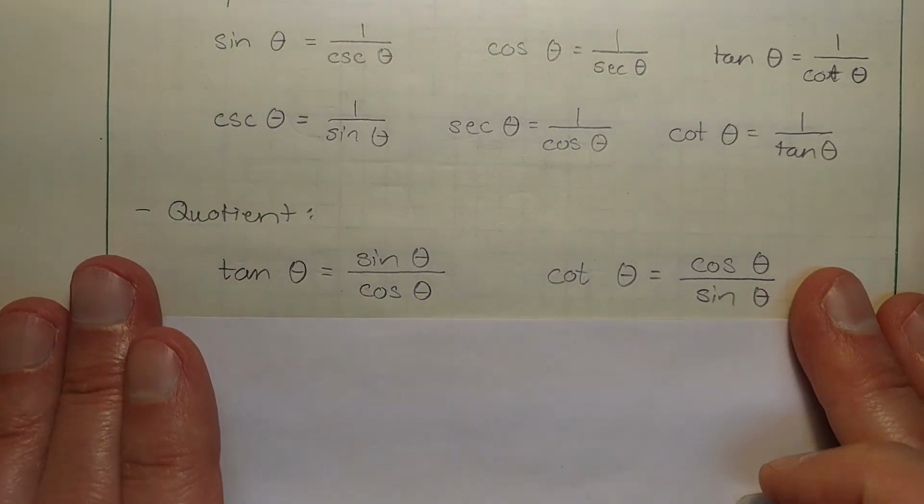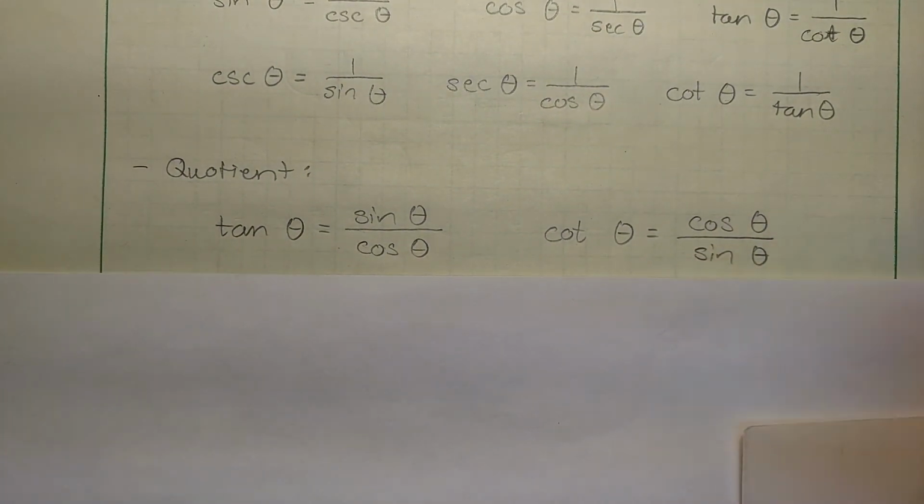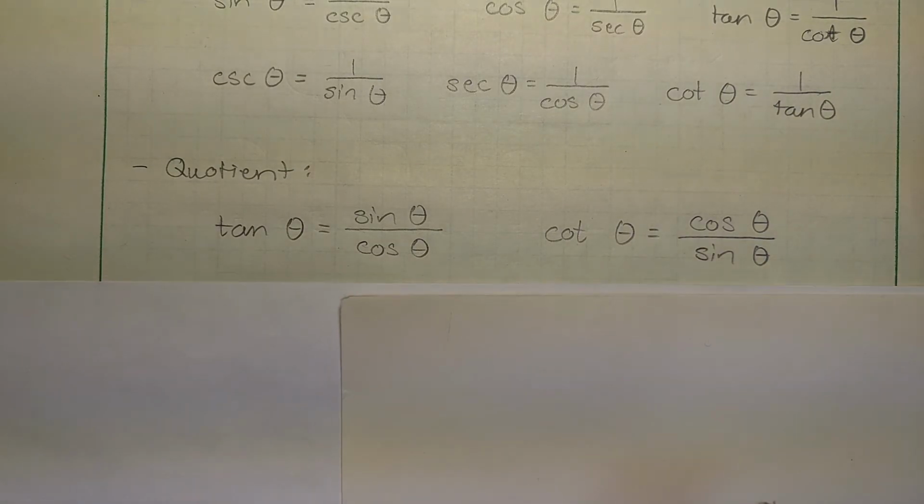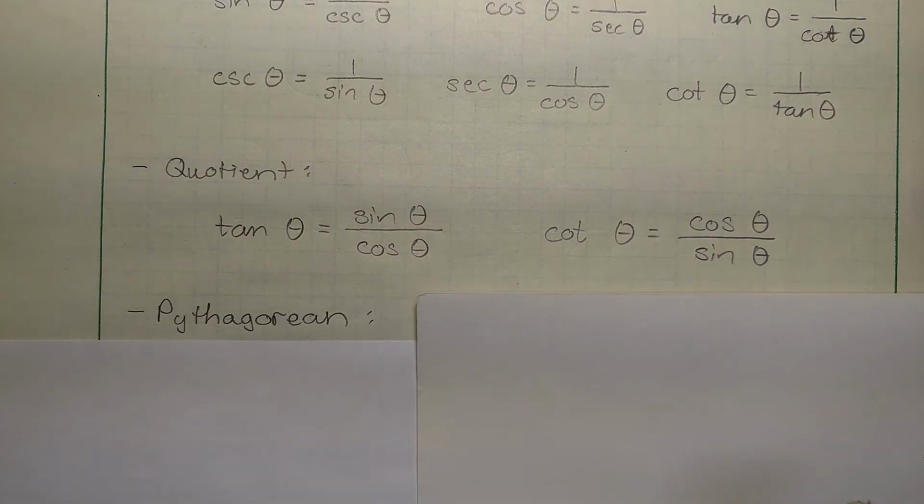Now, the next type of identity to know comes from the Pythagorean relationship of right triangles. And so we can see how these Pythagorean identities come from this relationship that we see here within a right triangle.